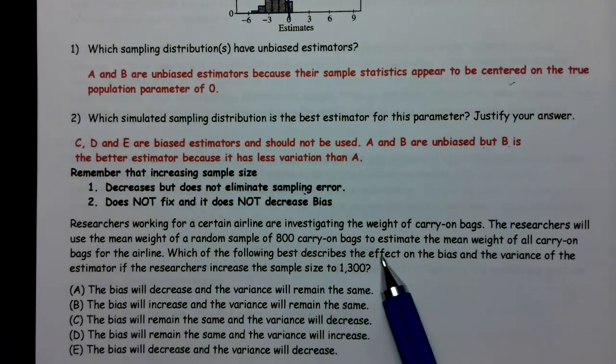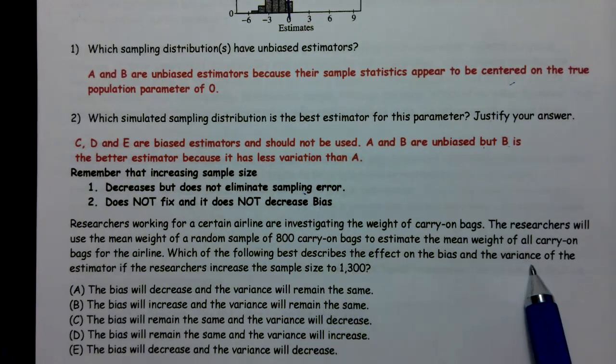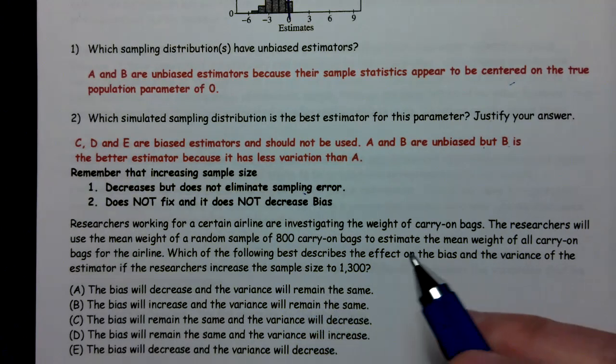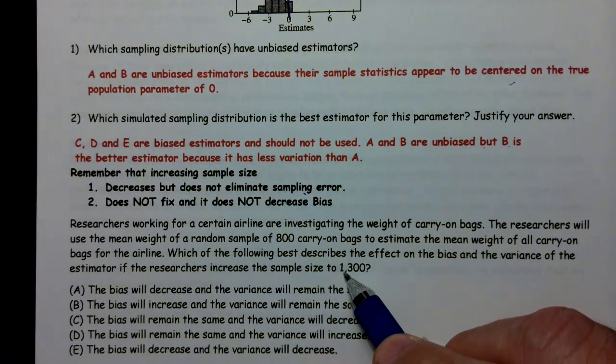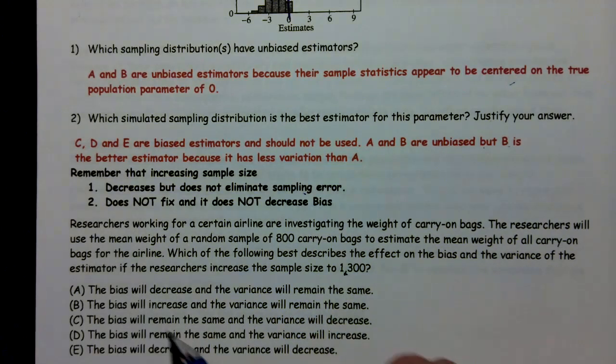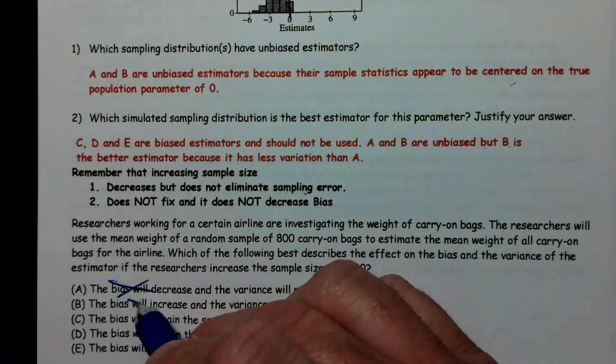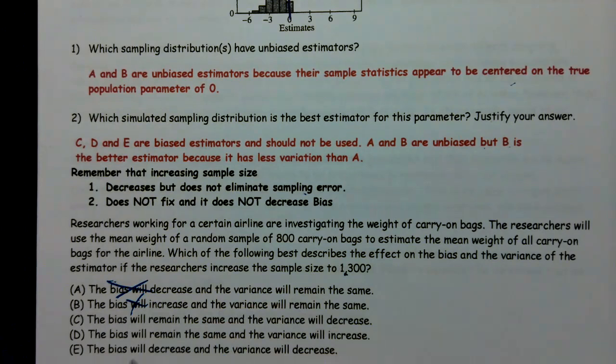Which of the following best describes the effect on bias and variance of the estimator if they increase the sample size? So increasing sample size, does that do anything to bias? No. So it says bias will decrease. False. Bias will increase. No. All right. Bias will decrease down here. No. So it's got to be one of these two. Bias will remain the same.